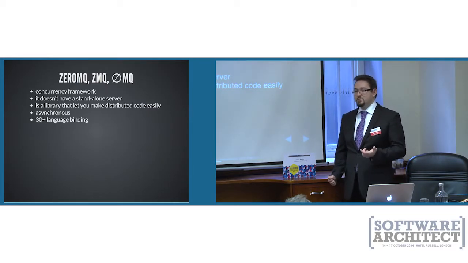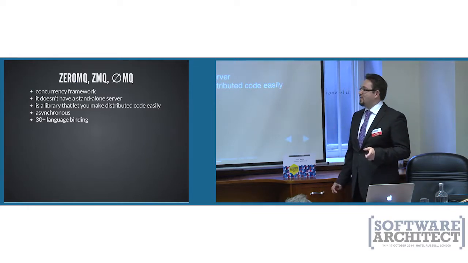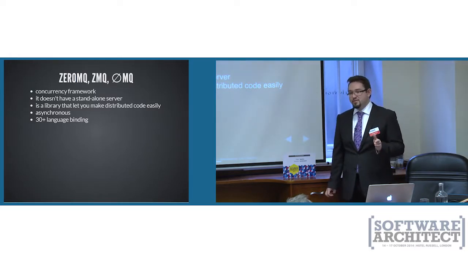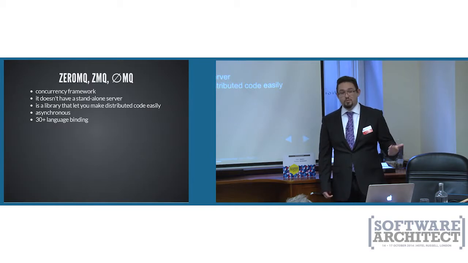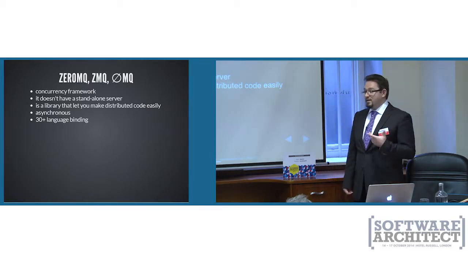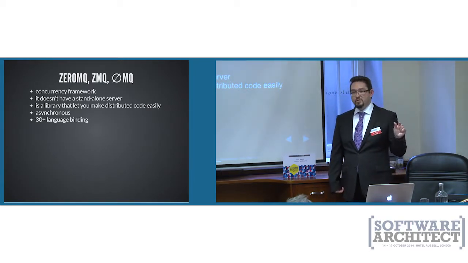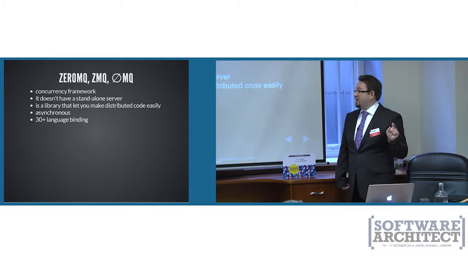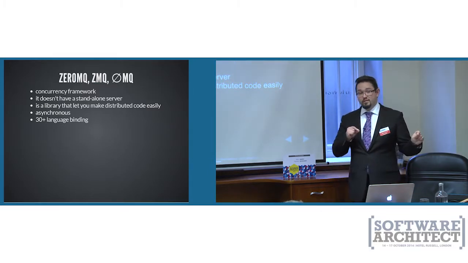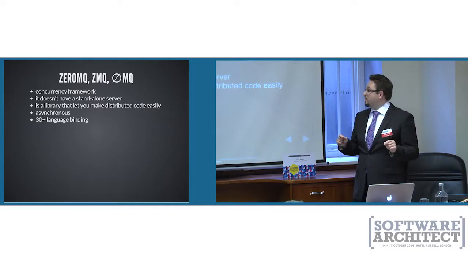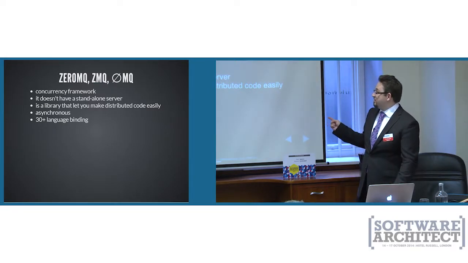It does not have a standalone server, so its name is quite misleading. It's not a message queue. It's a communication and concurrency framework, and it acts like a tiny server in your application, and it deals with network sockets, as we will see a little later.